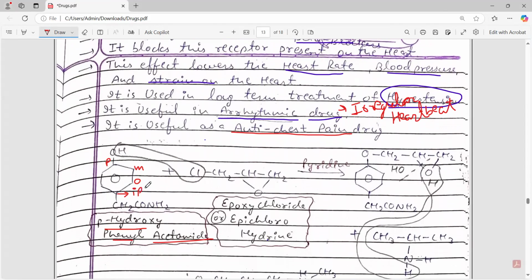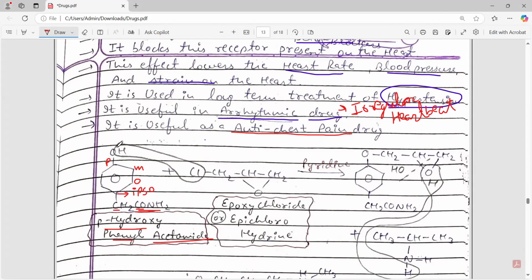Acetamide contains an amide group with two carbon atoms. CONH2 is generally known as amide. So here two carbons are there, CH2 CONH2, that means acetamide.